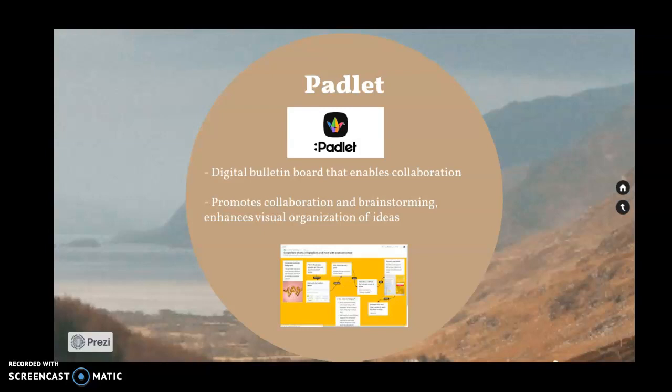It promotes collaboration, brainstorming, and gives visual organization to ideas, and it supports multimedia content and encourages communication between peers using technology, which is really cool. It's really easy to use as well.